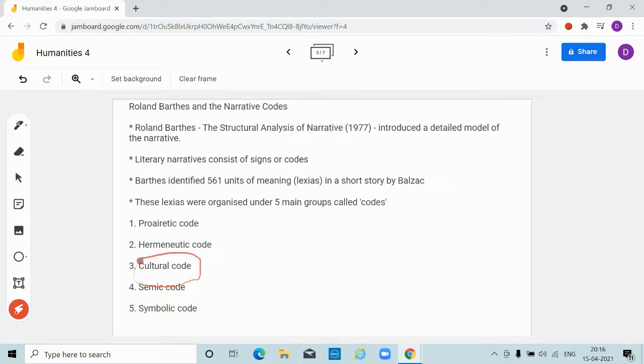Third one is the cultural code. When you come across certain narratives, there are certain cultural codes. For example, if you're reading an American short story, certain aspects of that story you might be able to identify with, but certain other elements you might not. Because we are Indians, American culture is an alien culture as far as we are concerned.